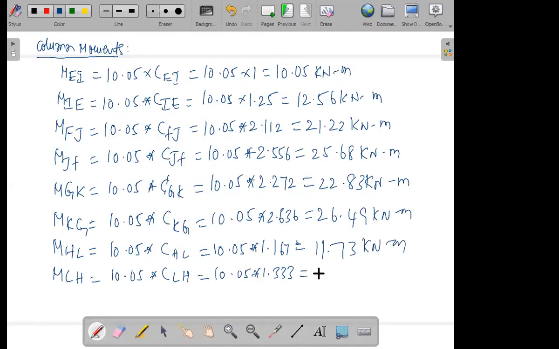No, sir, 11.65 only. 10.05 into 1.167, it's 11.727. Okay. MLH, 10.05 into 1.333. I think it would be 13.40. Is it right? 13.40, correct? Yes, sir.